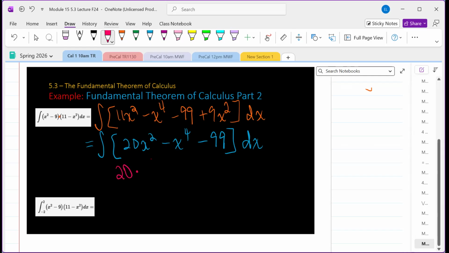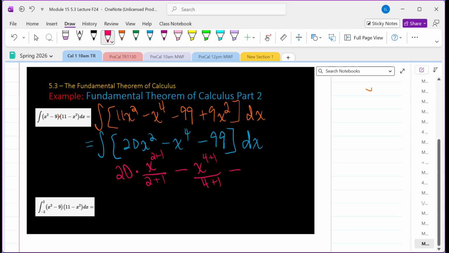X squared is going to become x to the 2 plus 1, and then I divide by that new power. My x to the fourth is going to become x to the 4 plus 1, and I divide by that resulting power.